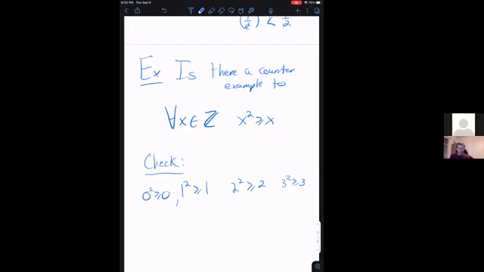How about -1 squared? Is that bigger than or equal to -1? Well, yep, now we have positive numbers. A positive is always bigger than a negative. So you can see that no matter what integer I choose, there is no counterexample.